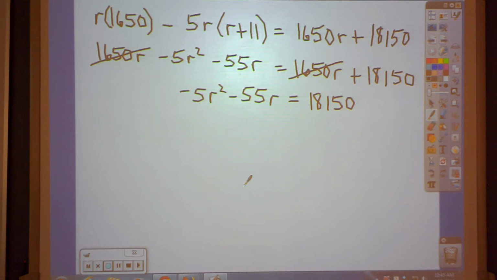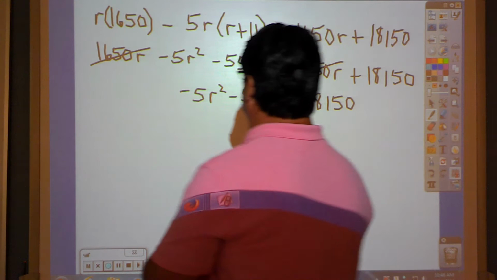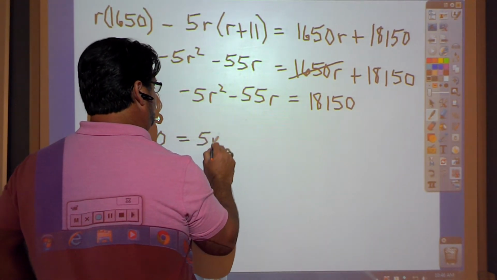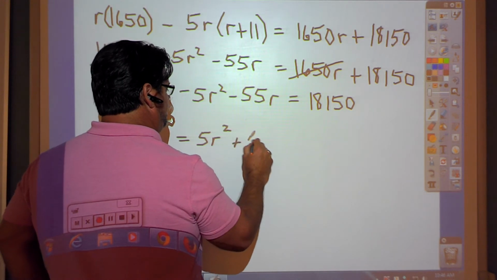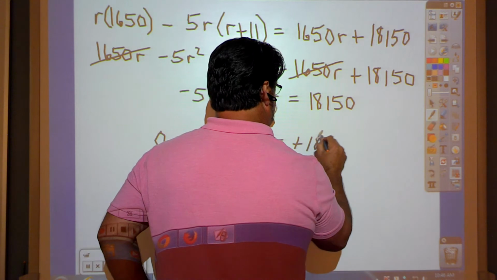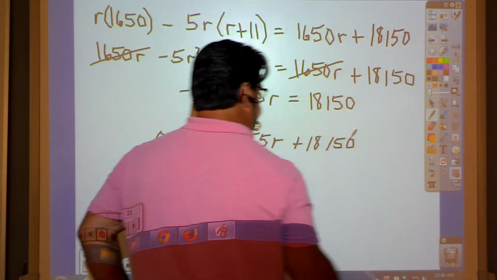Now I'd like to keep my variables positive, so I'm going to bring them over to the right side. And that gives me 0 is equal to 5r squared plus 55r plus 18,150.